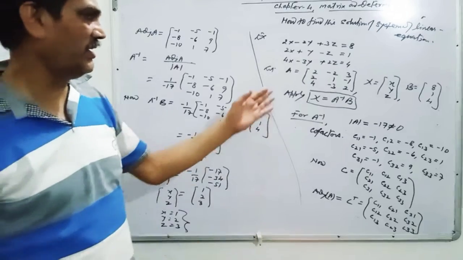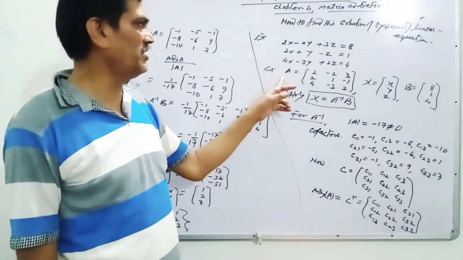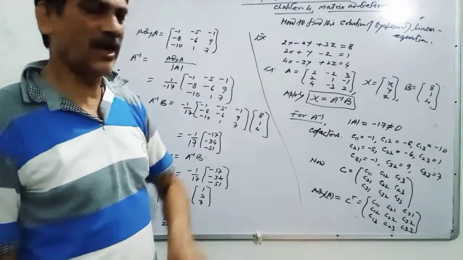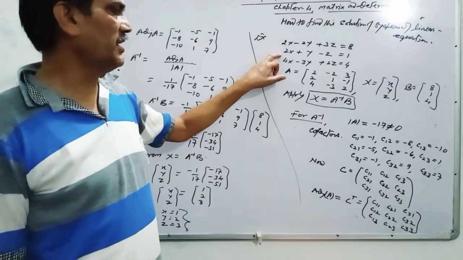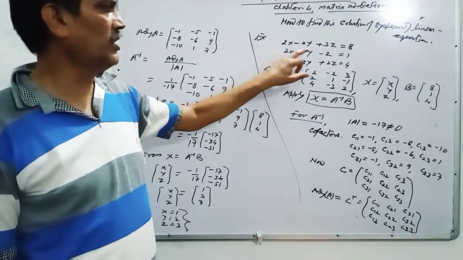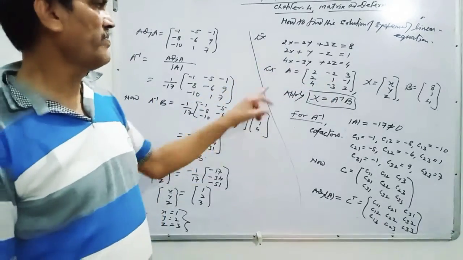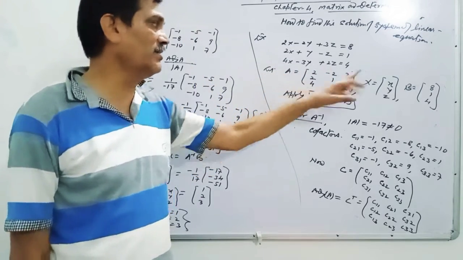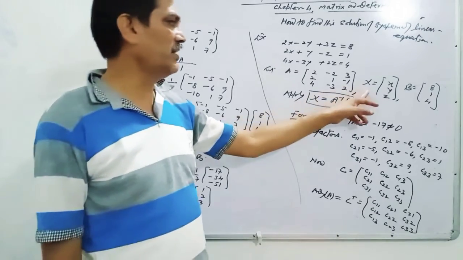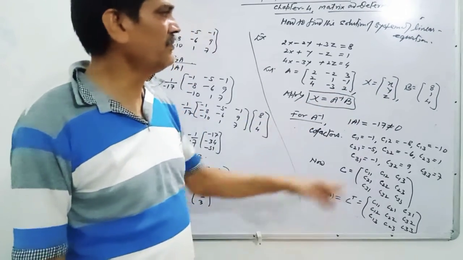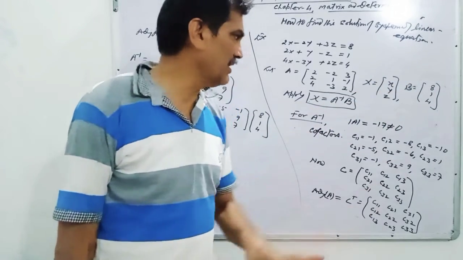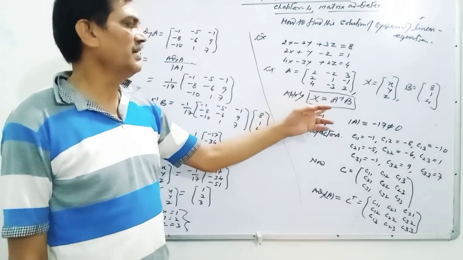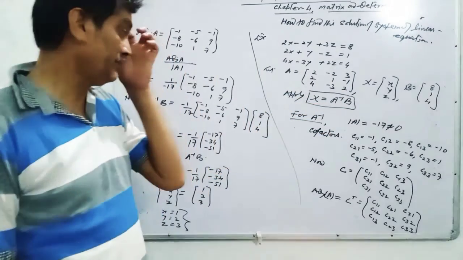You can form the coefficient matrix A: from the first equation 2, -2, 3 in the first row; from the second 2, 1, -1 in the second row; and from the third 4, -3, 2 in the third row. Now X is the matrix of variables in a column, B is the matrix of constants in a column, and apply this relation to find the solution: X = A inverse B.